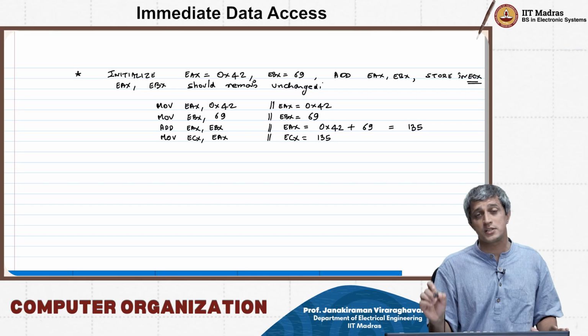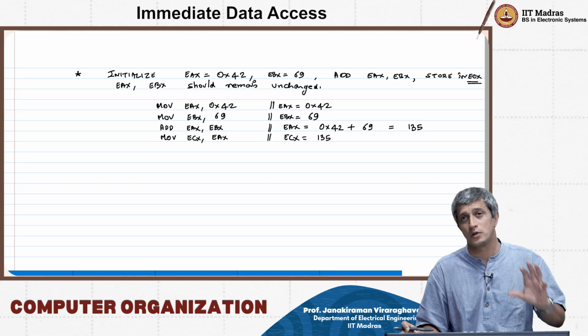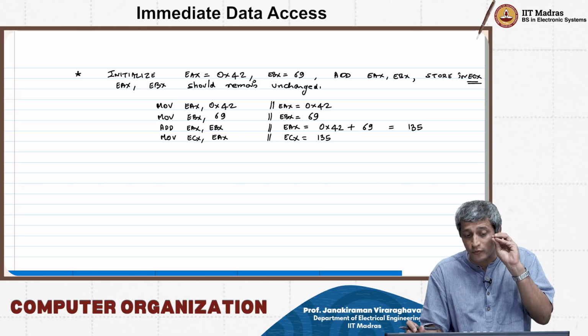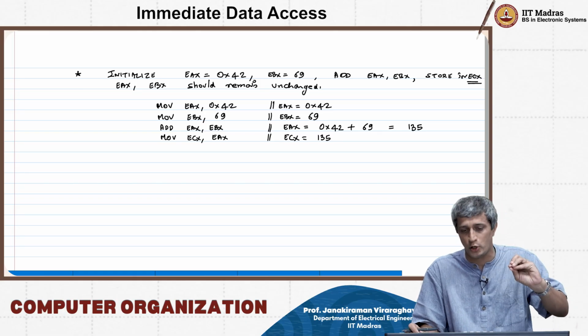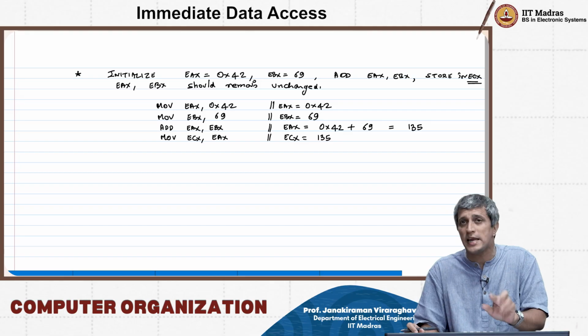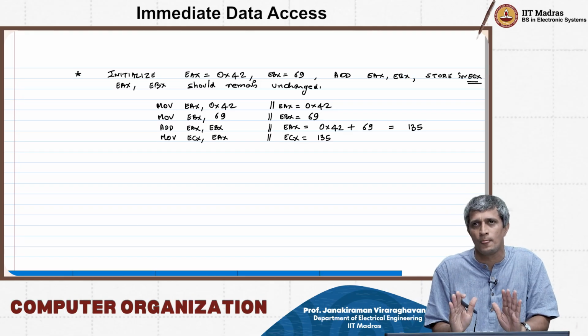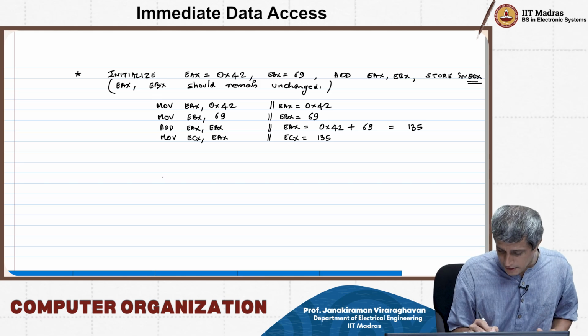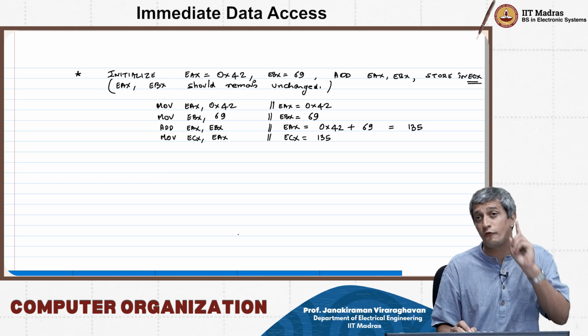This is an interesting problem because I want EAX and EBX to keep the same values, that is 0x42 and 69. EBX remains unchanged even in this program. But suppose I add this extra constraint, then I need to now work with a different register.